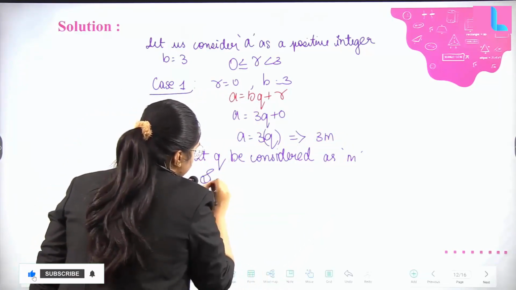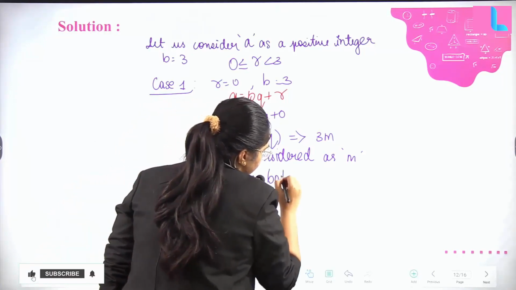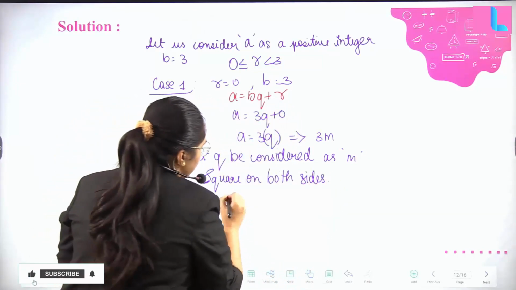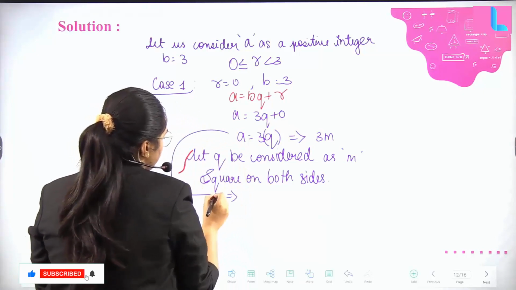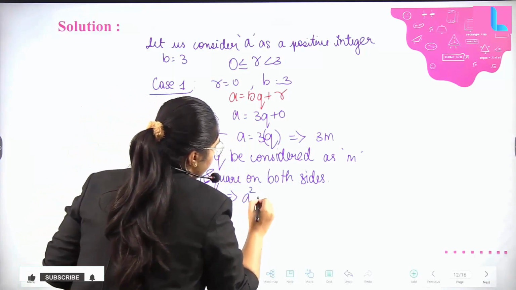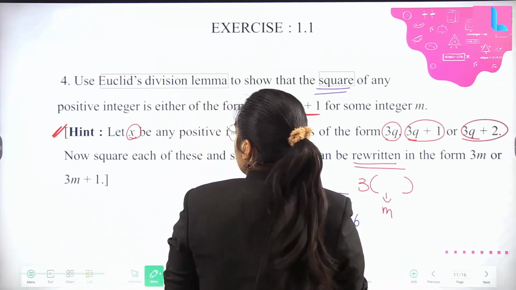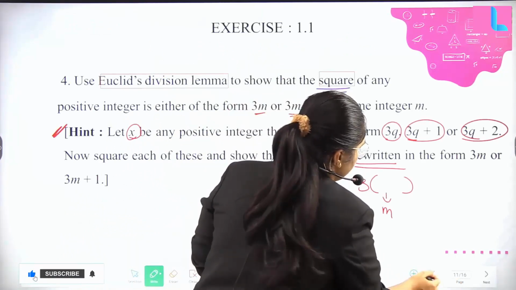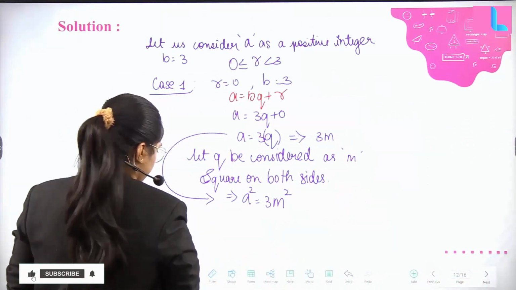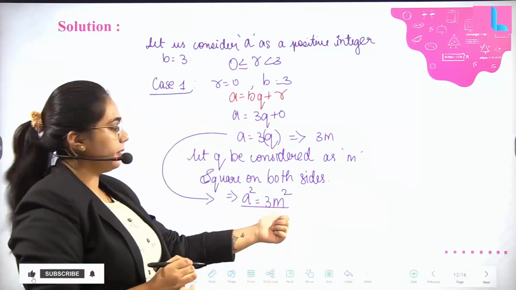So square on both sides. Squaring on both sides, what you'll get? This you have to square. a square is equal to 3m square. We'll get a square is equal to 3m square.